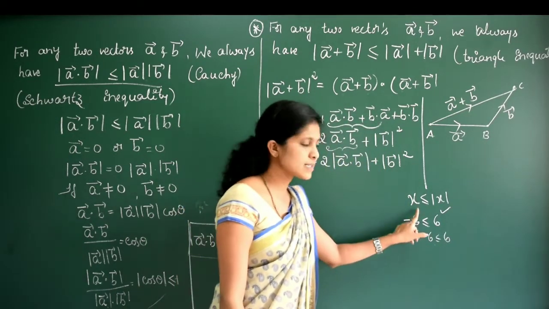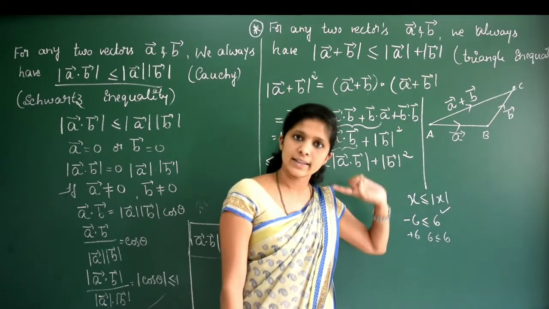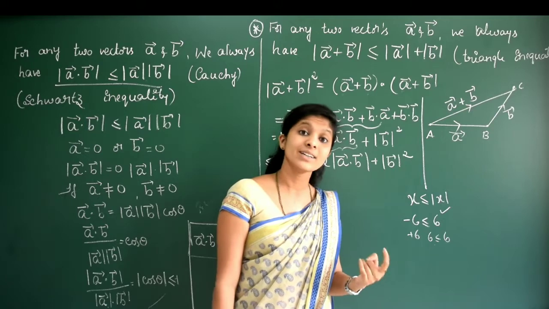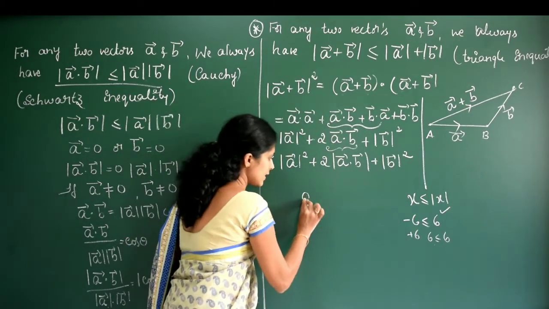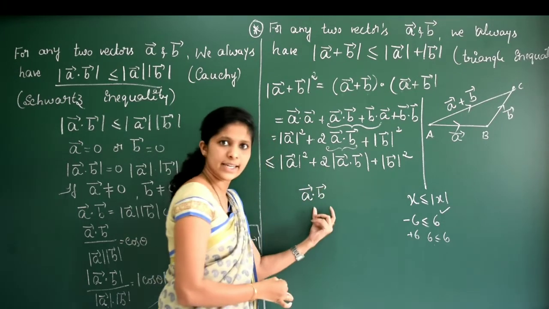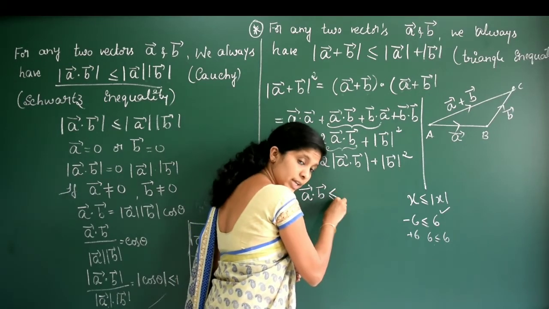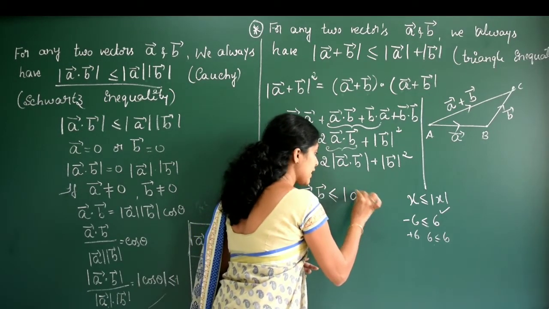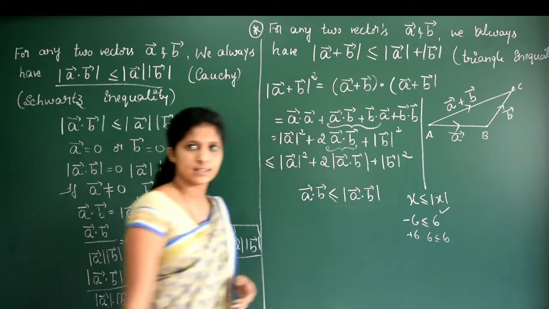So x is always less than or equal to mod x. It can't be more than that. Either it should be equal to mod x or less than mod x. So by using that condition, we can write here a vector dot b vector, this is one scalar, right? A vector dot b vector is always less than or equal to the mod of, or magnitude of, a vector dot b vector. Is it clear?